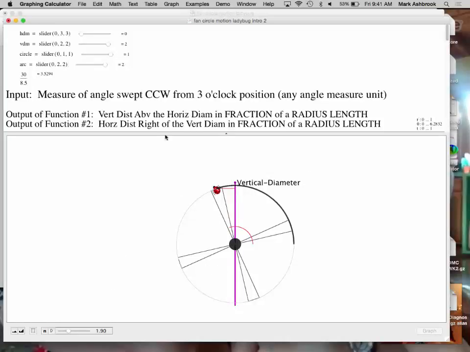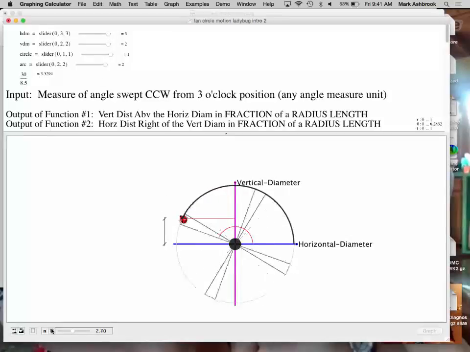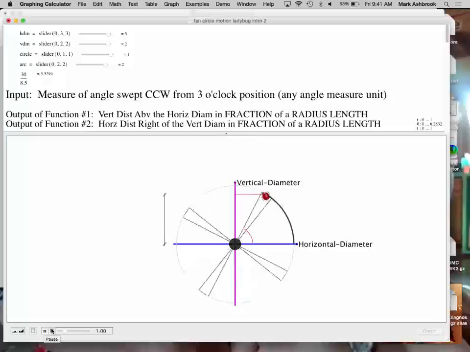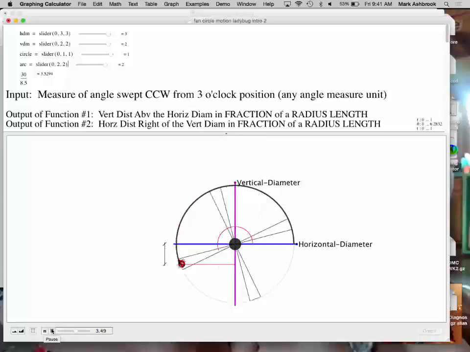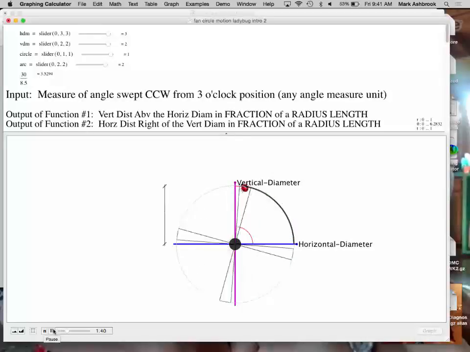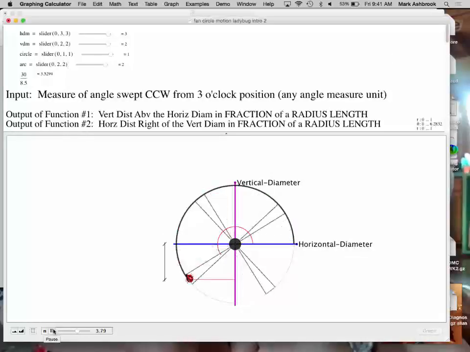Okay, let's do another one. So let's get them both going here, both at the same time. I've got a little thing helping you see the output of the first function, right? Let's just tap it. Okay, go.